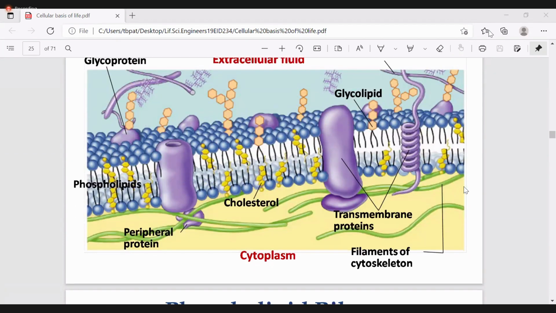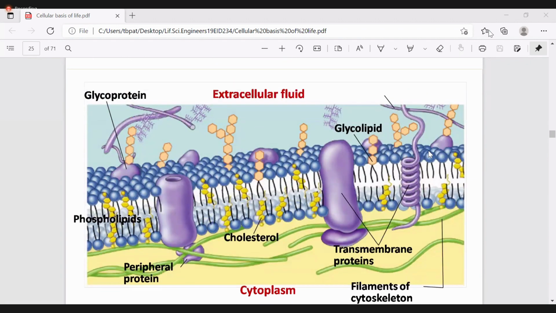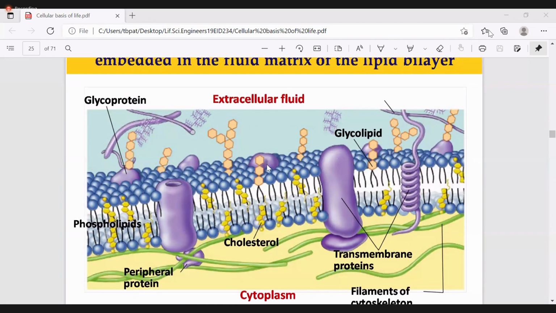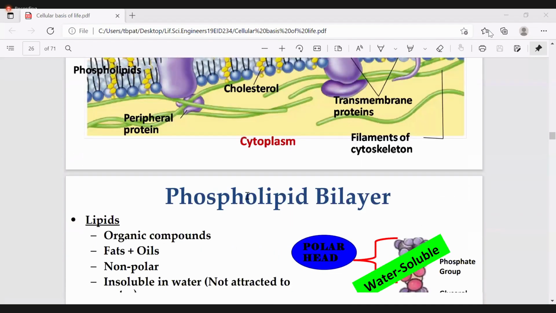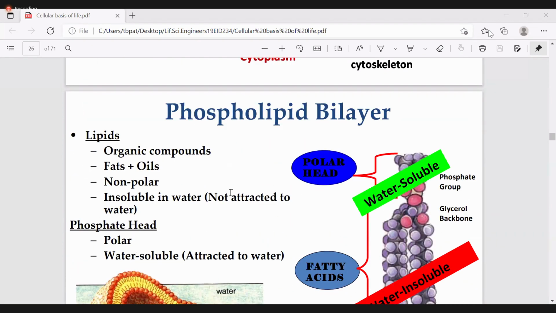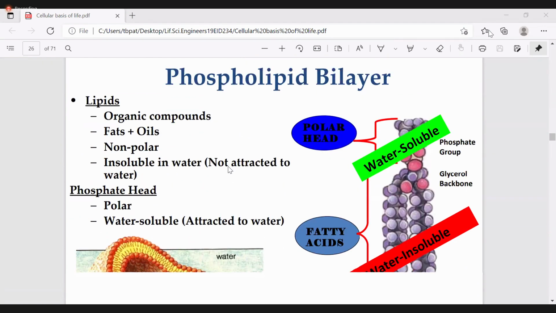The membranes can transmit in different ways of cell components. Glycolipids: the glycolipids pack out with either carbohydrates or proteins. And the phospholipid bilayer, what is it?